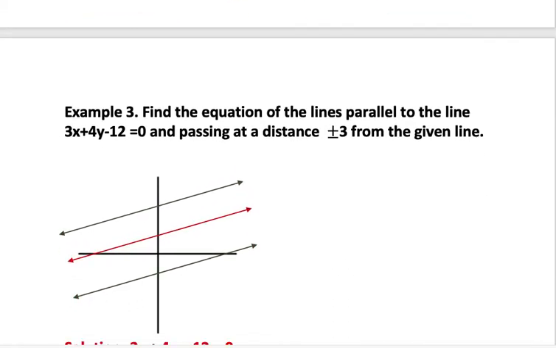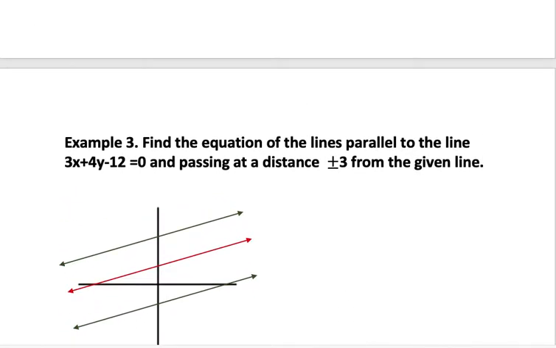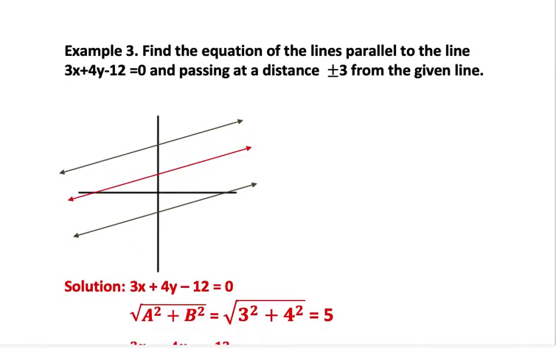Okay, so let's proceed to example number 3. On example number 3, we are asked to find equation of the lines parallel to the line 3x plus 4y minus 12 equals 0 and passing at a distance of plus minus 3 from the given line. Okay.